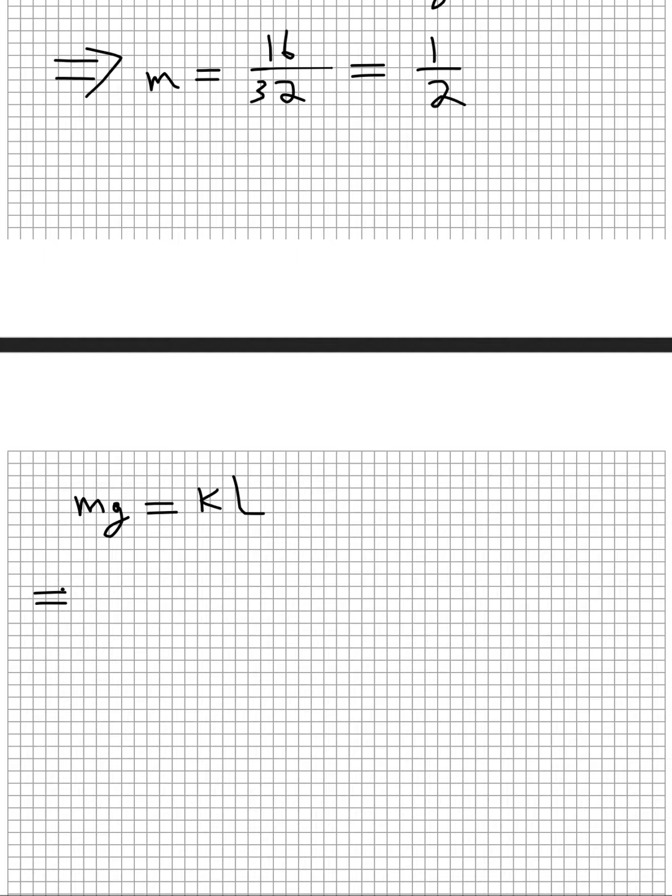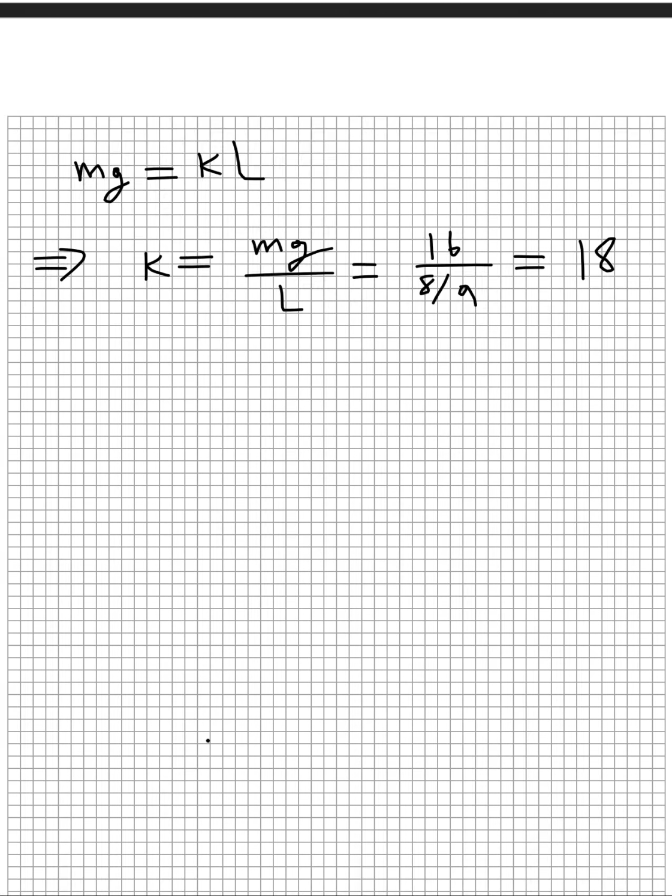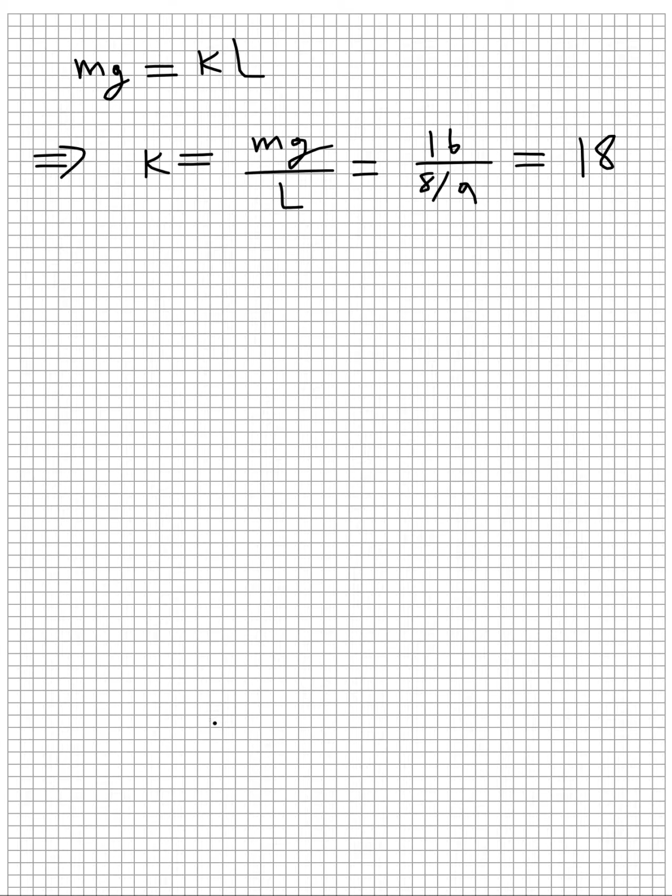So altogether, this means that K is going to equal mg divided by L. And so mg refers to the weight, so this will be 16, and L refers to the length of our spring. That was 8/9. And when you solve this, this becomes 18. Okay? So K is equal to 18.